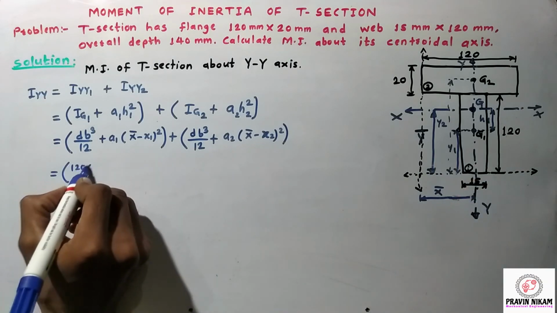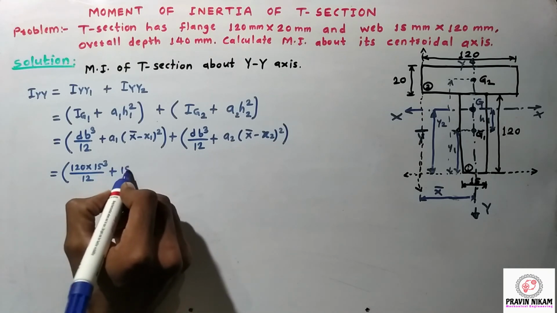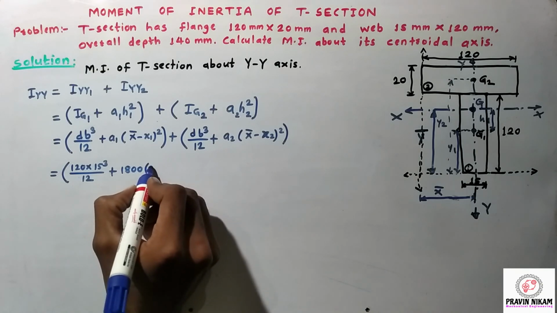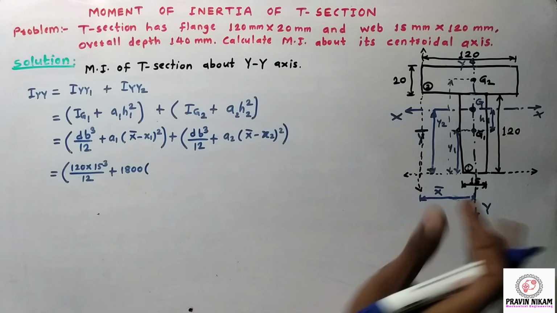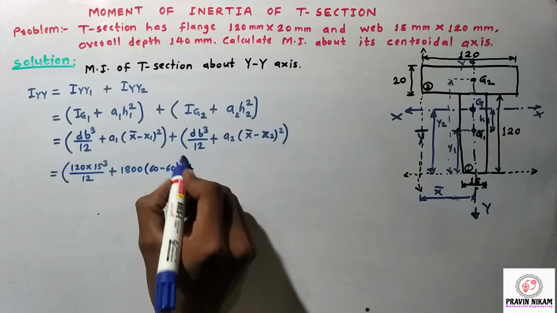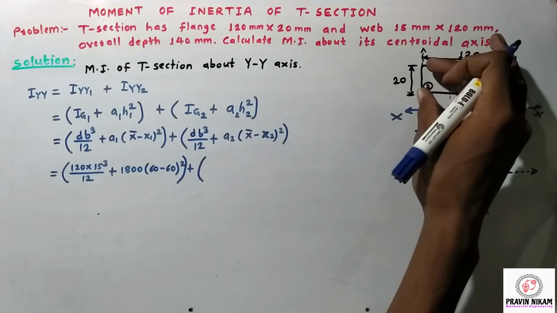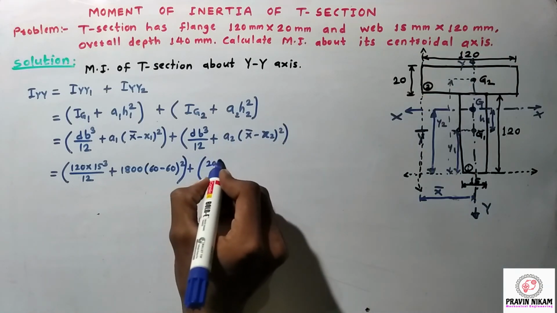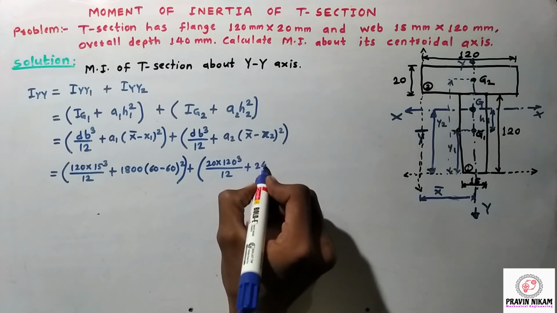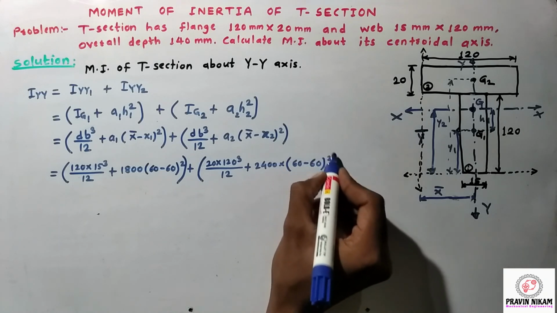So 120 into 15 cube divided by 12 plus A1 is area of section 1, that is 1800 into x bar is 60 mm minus x1 is 60, square, plus for second section D is 20, B is 120, cube divided by 12 plus A2 is 2400 into x bar is 60 minus 60, square.